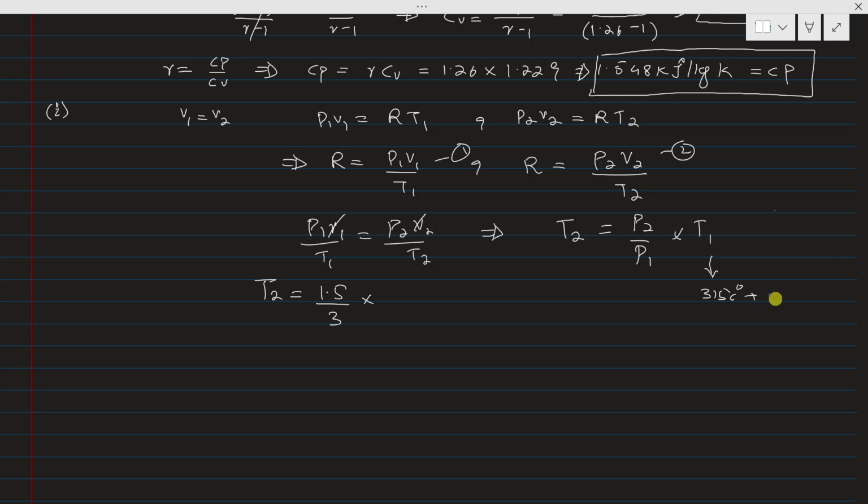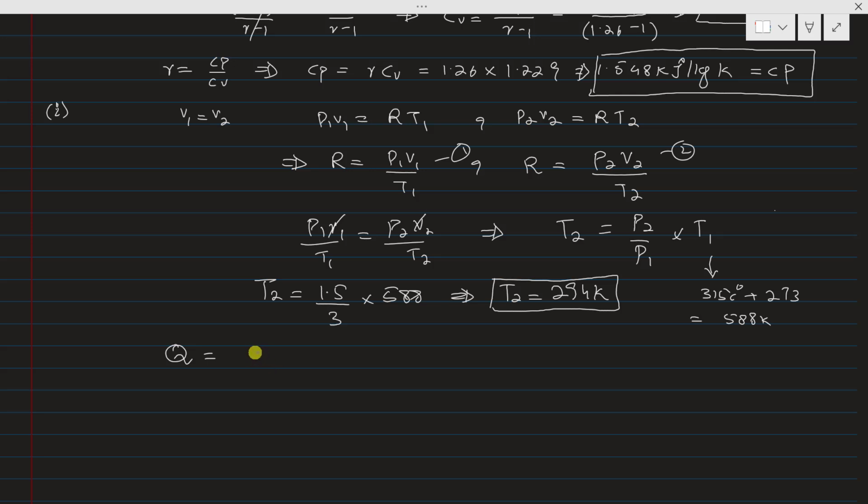Convert that into Kelvin by adding 273, and it becomes 588 Kelvin. So I write the value here, 588. After solving this, you will get the T2 value, and next is to find the heat rejection that takes place in the first case.